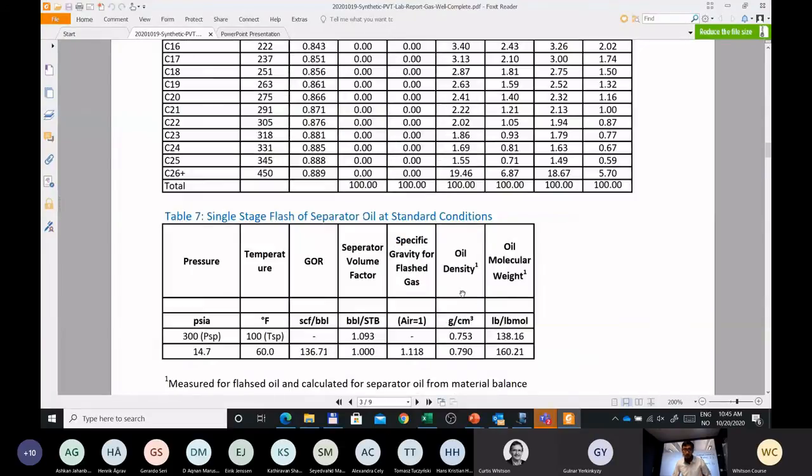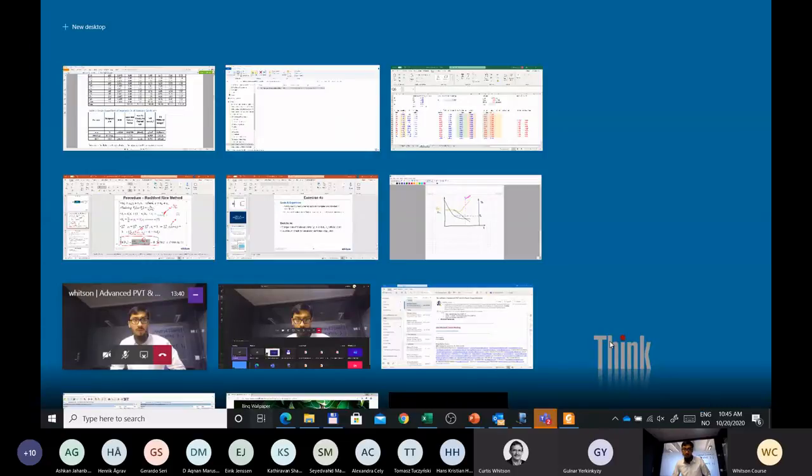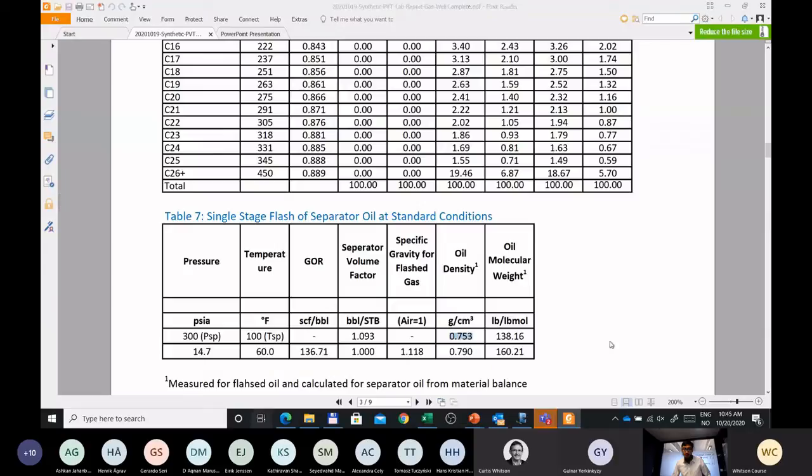First we see the tables. This is table 7, which shows the single stage flash of the separator oil. It starts from the separator pressure and separator temperature, and here we have the separator oil density, 0.753. This is the separator oil density at the separator condition, and that should be the same as we have in the Excel file.